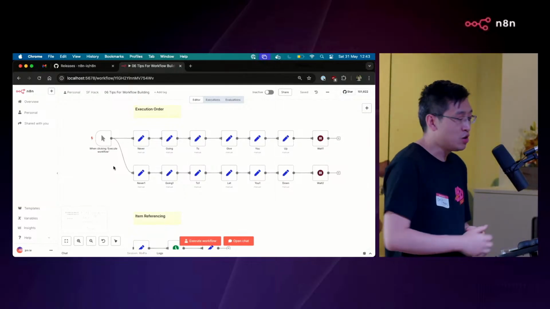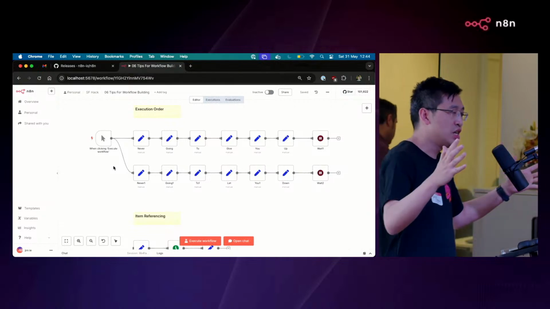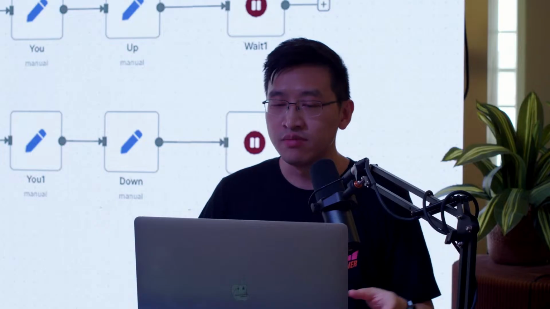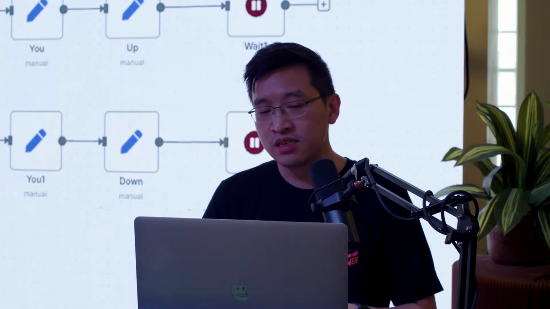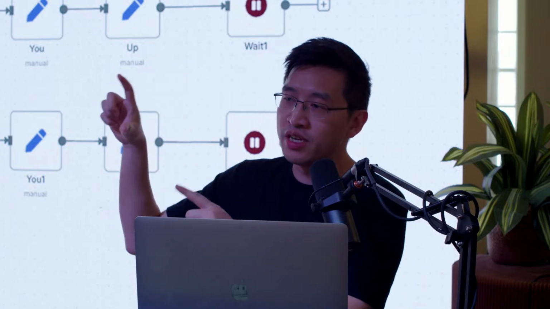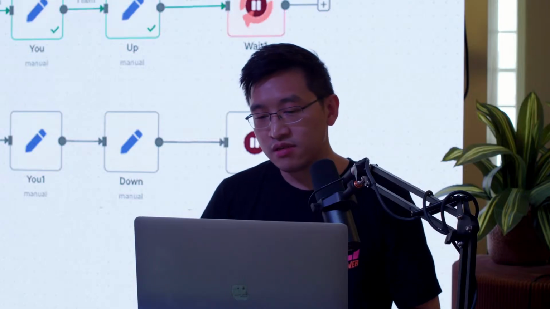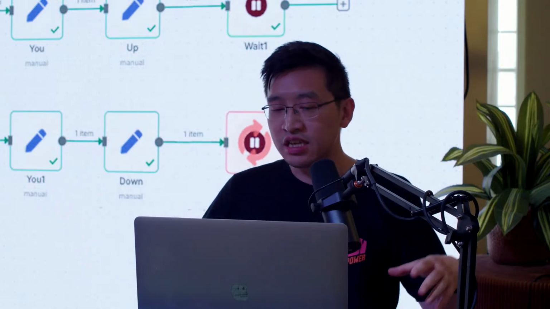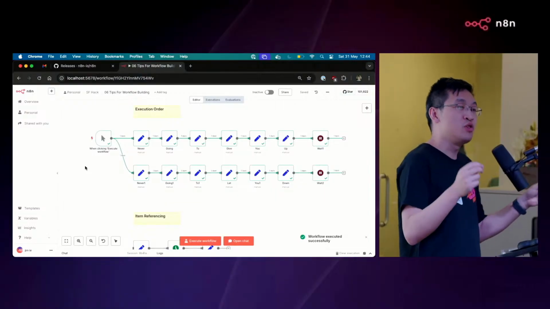So first we'll start with execution order. How n8n works is you have a canvas, and you have nodes in the canvas, but they don't run in parallel. So if I start with this execution, what do we expect? We expect both rows to run at the same time, but that's not what happens. If I run this now, the first row completes before it moves on to the second row. This is where it's kind of confusing, but in n8n, the position of your nodes matters.